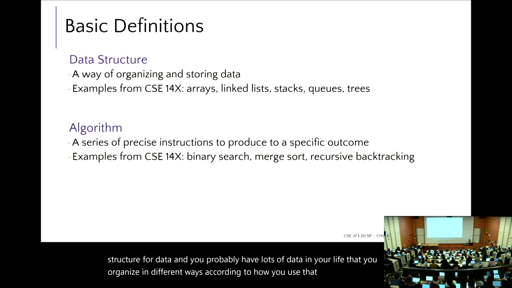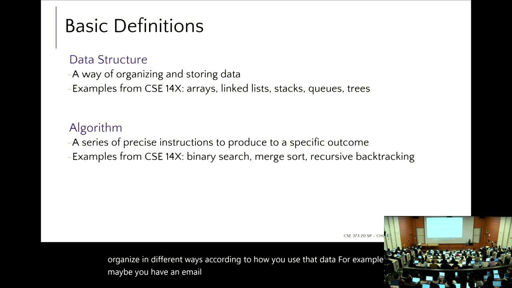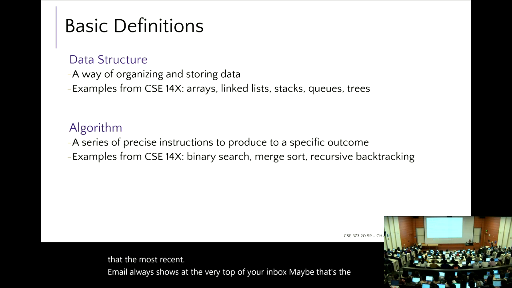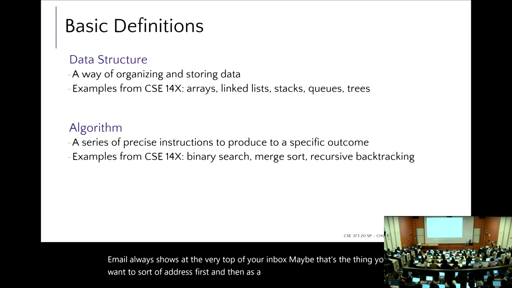For example, maybe you have an email inbox set by default so that the most recent email always shows at the very top. Maybe that's the thing you want to address first. And then as a new email comes in, it pushes the next most recent item down and shows up at the top.